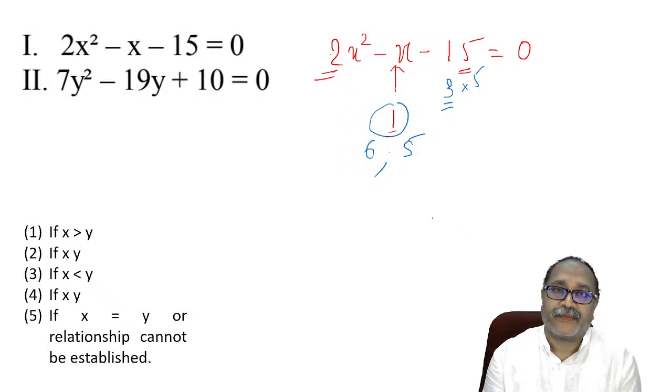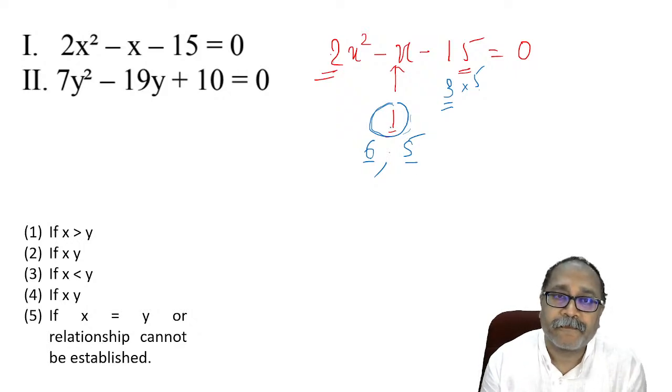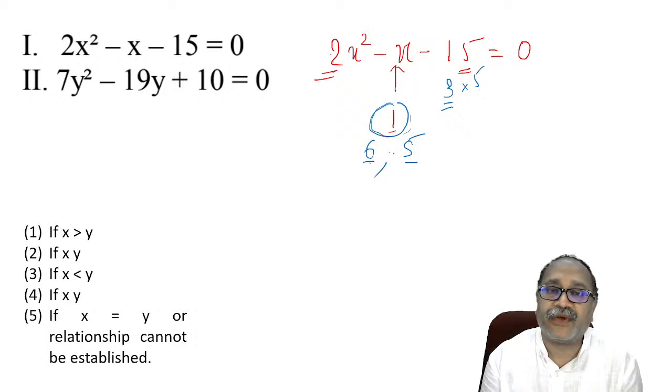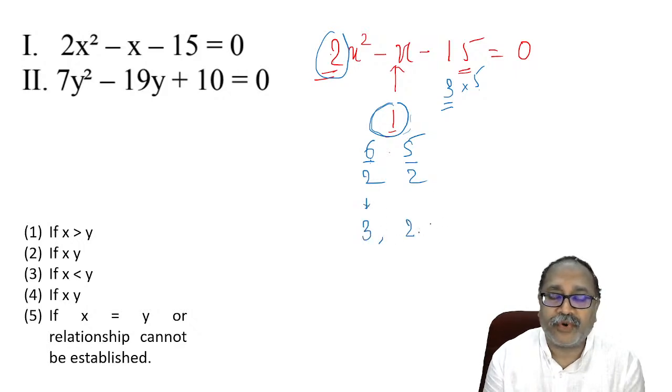That's over. Either sum or difference should be this number. So I can see the difference of these two is 1. So my one value of x is 6, the another value of x is 5. So this is 6 divided by 2, and this is 5 divided by 2. That's how this has become 3, and this has become 2.5.